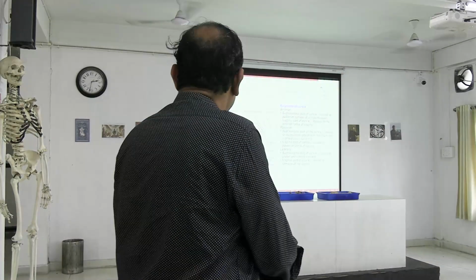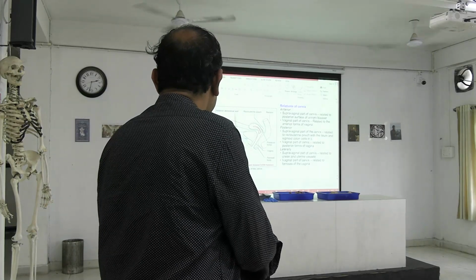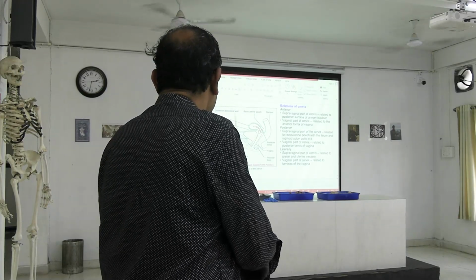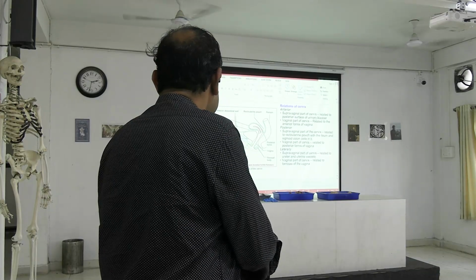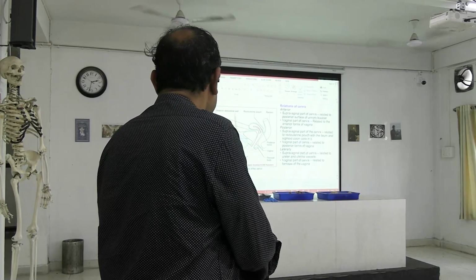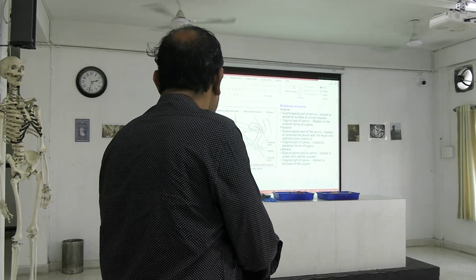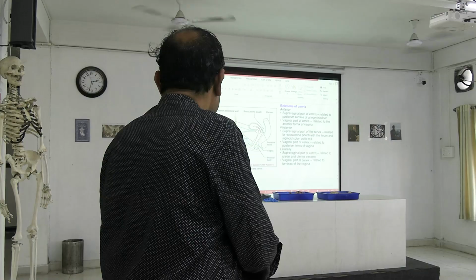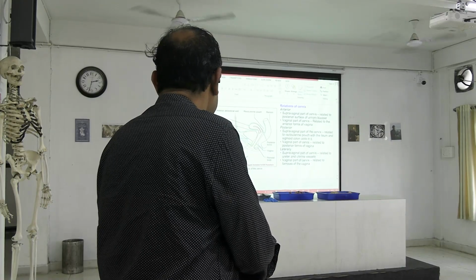So, we are getting two areas. One is the pouch of Douglas, that is the recto-vaginal pouch. This is between the rectum and the vagina. And this is between the uterus and the bladder, so it is the uterovesical pouch.